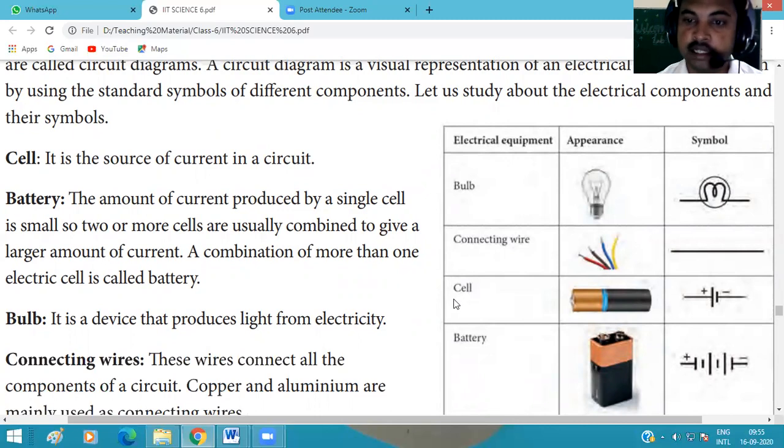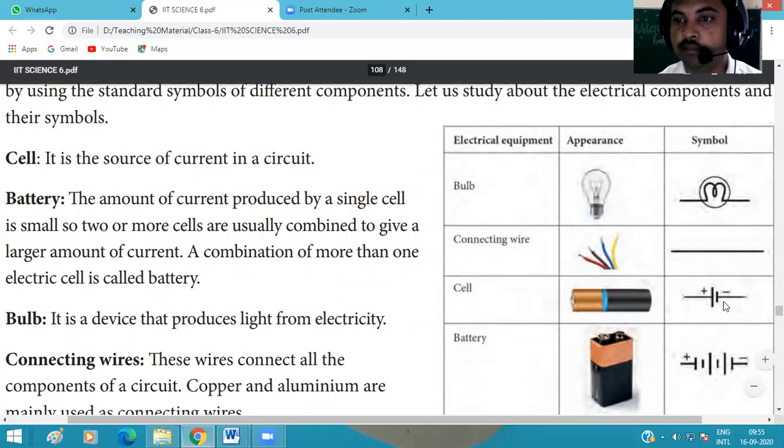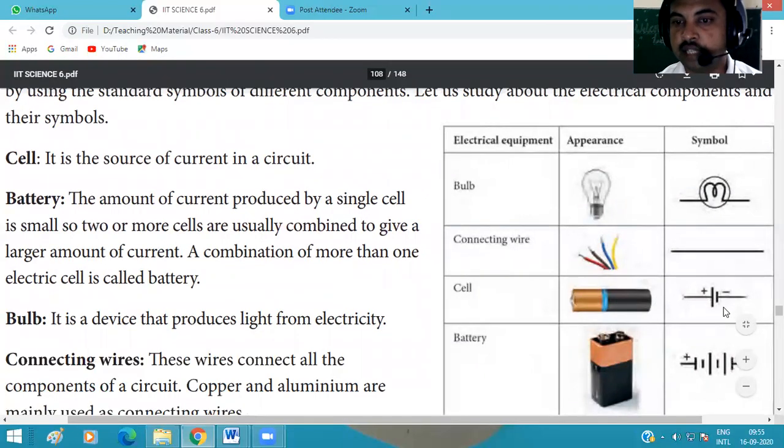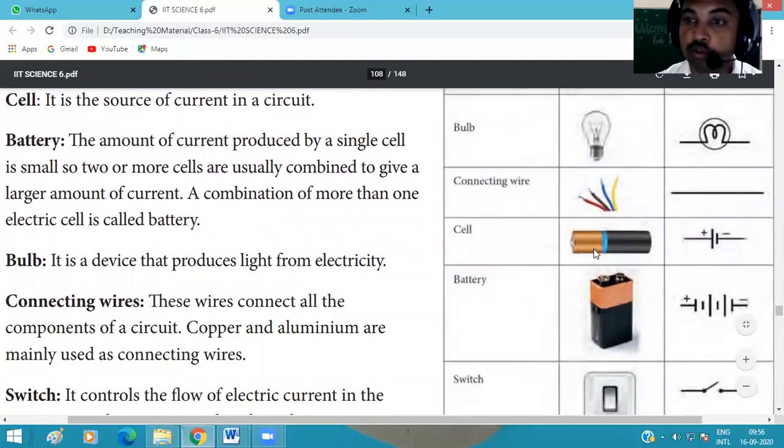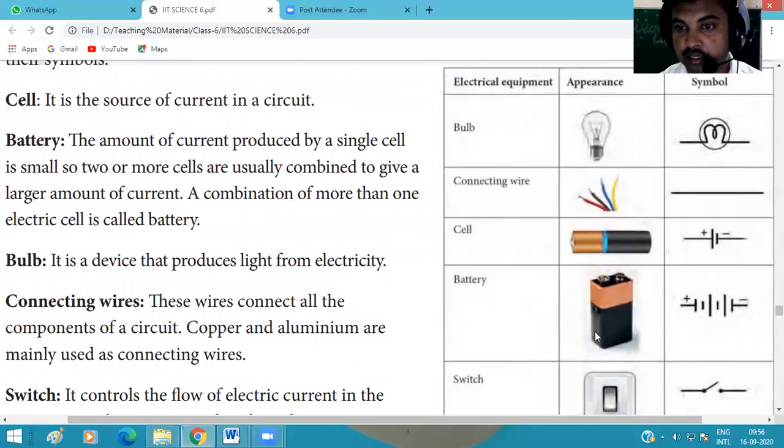And the cell, the actual cell looks like this, and the symbol of the cell looks like this. It has two terminals. The long end is the positive terminal and the small end is the negative terminal. When two or more cells are connected like this, they are called a battery.